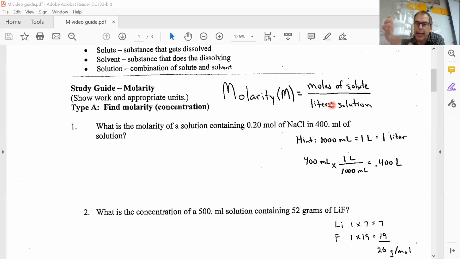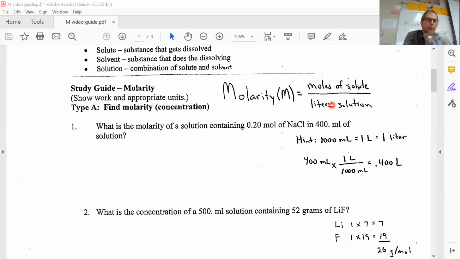I wouldn't really have the container in there. I'd put water up to the 1 liter mark, and then I would dissolve that in there. So that would be a 2 molarity solution. A 2 molarity solution would have twice as many moles in the same volume as a 1 molarity solution, so it would be twice as concentrated.